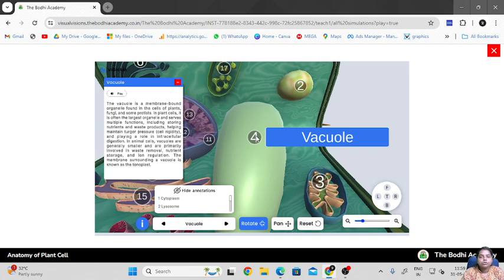It stores food, helps in maintaining turgor pressure, that is the cell rigidity, and plays an important role in intracellular digestion also. In some animal cells, vacuoles are present but they are very small in size. They help in waste removal, nutrient storage and ion regulation.